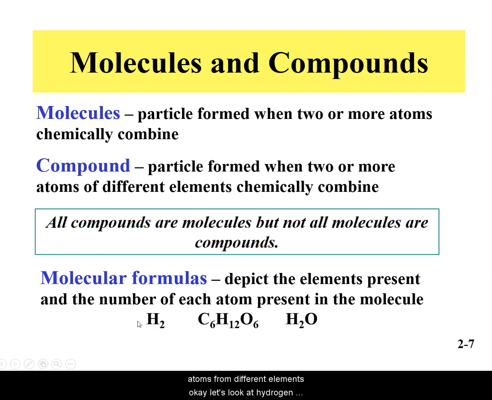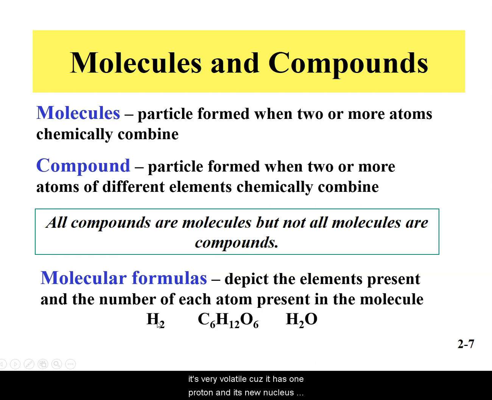Okay, let's look at hydrogen right here. Now this subscript in this chemical or molecular formula tells us that there are two atoms of hydrogen bonded together. And we talked about hydrogen before. If we had just one atom of hydrogen floating around in our atmosphere, and a whole bunch of those, then our atmosphere would blow up.